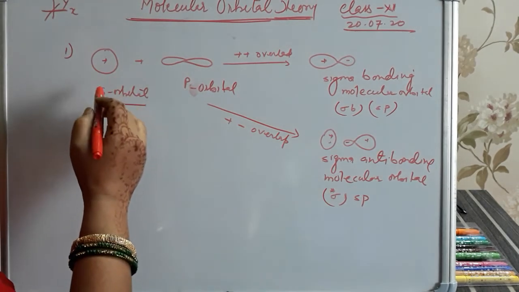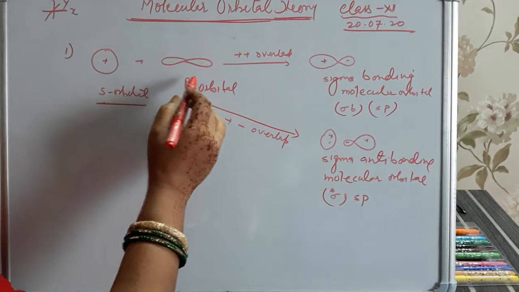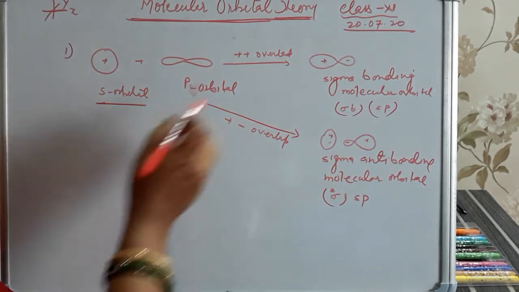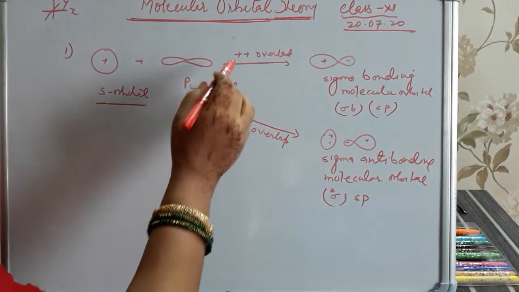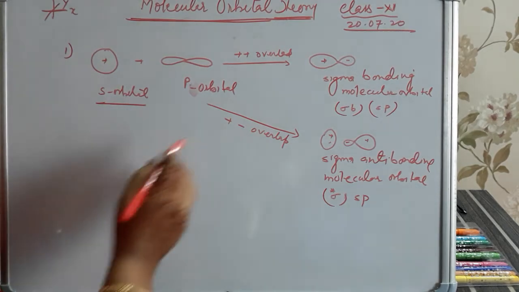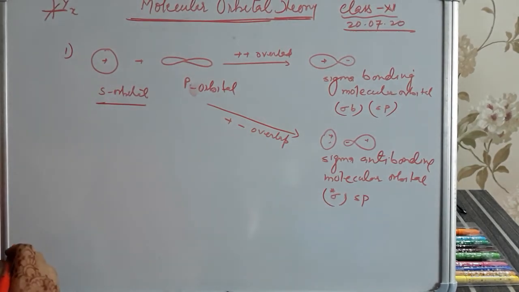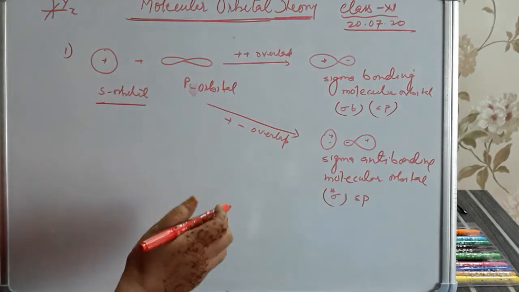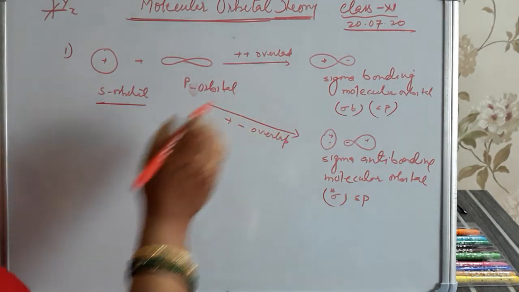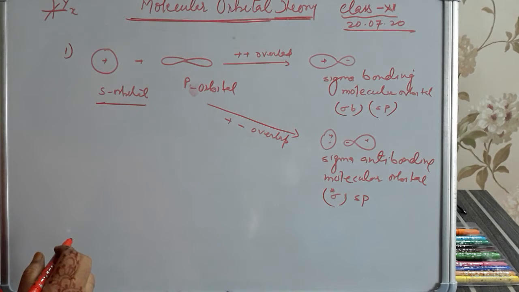Wherever the s and p atomic orbitals undergo this type of overlap, either constructive overlap or destructive overlap, two molecular orbitals are formed. One is the bonding molecular orbital, and the other is called the anti-bonding molecular orbital.